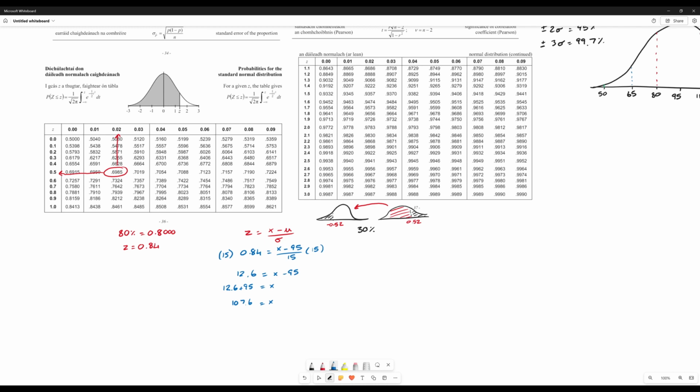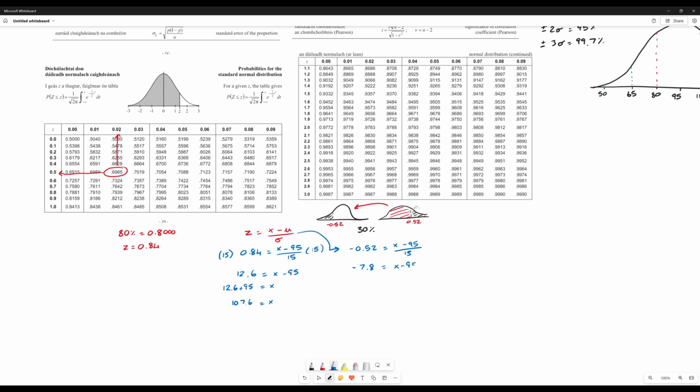And then we're just going to do this formula again, but obviously with a different z-score, because it's a different question. It's still going to be x minus mu, which is the 95 again, over 15. Hopefully you can see what I was doing there. Multiply both sides by 15. You get 7.8, I think. Again, those numbers might be scuffed, I wouldn't worry about that part.